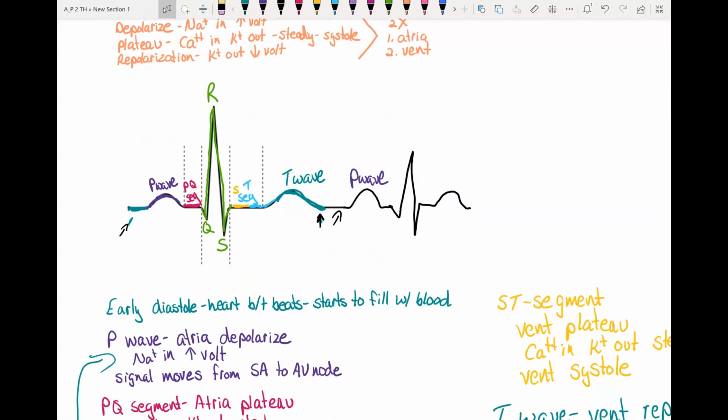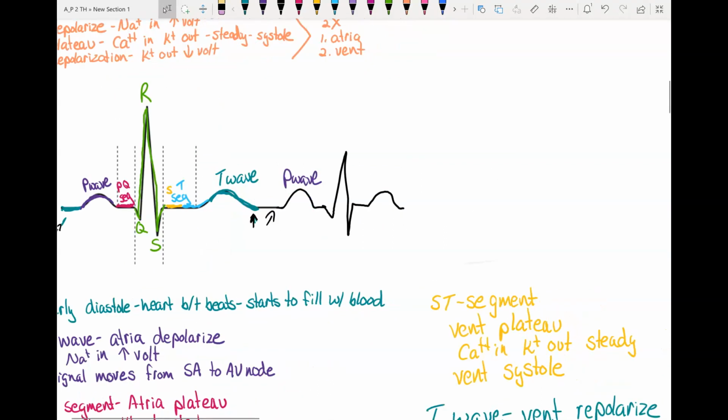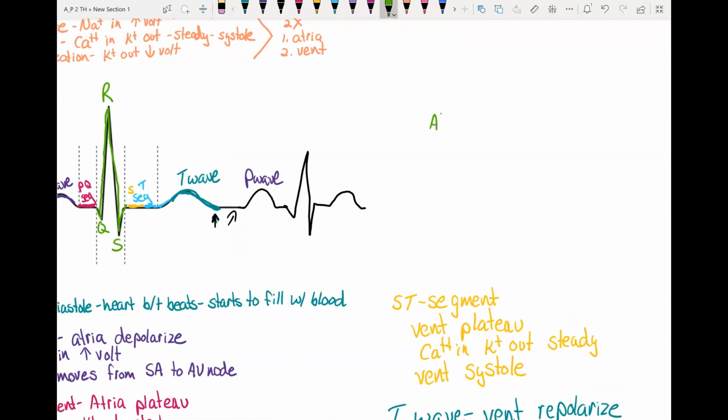There is a reason we skip that. It does happen, but it's not shown here. So atria do repolarize. But they do so at the same time as the ventricles depolarize. So you have two events occurring at the same time.